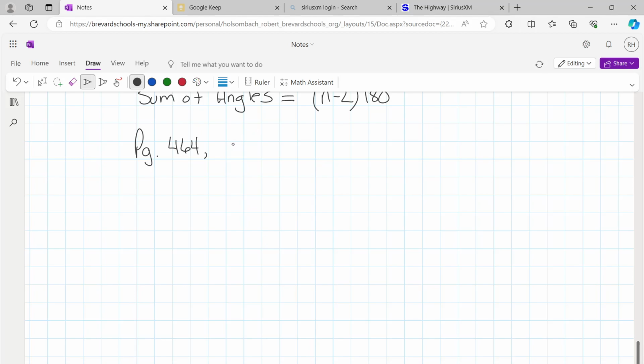Want to do number 9, 14 through 16. And then over on the next page, 18 through 20. And then 29 and 30.